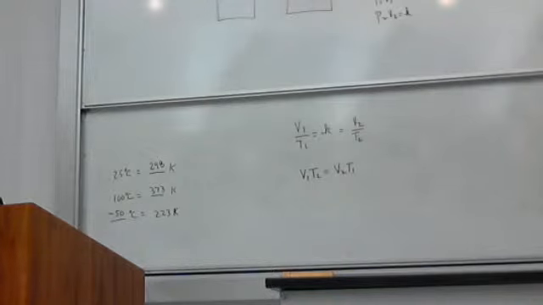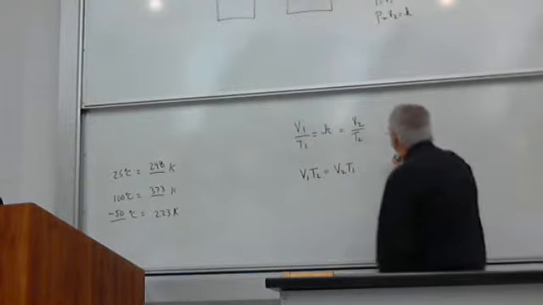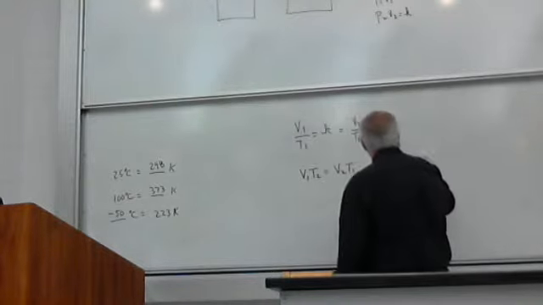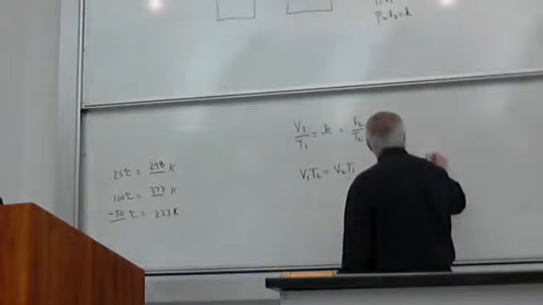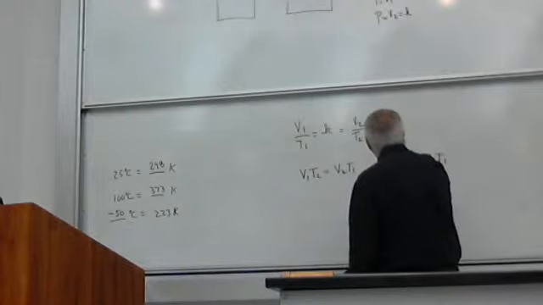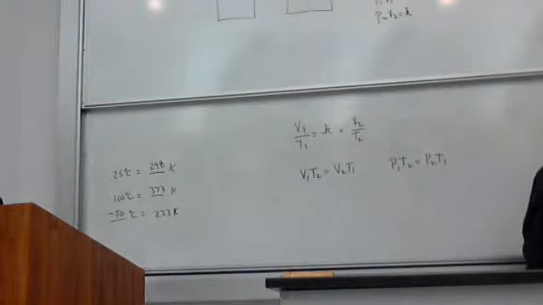Now, doing the same type of experiment with temperature but measuring pressure, if the volume was held constant, we also have a pressure relationship here. So we also have that P1 T2 is equal to P2 T1. So the pressure and the temperature are directly related as well. Increase that temperature and you increase the pressure.